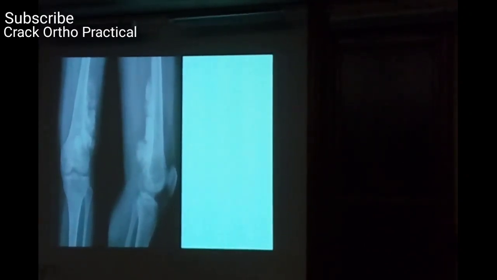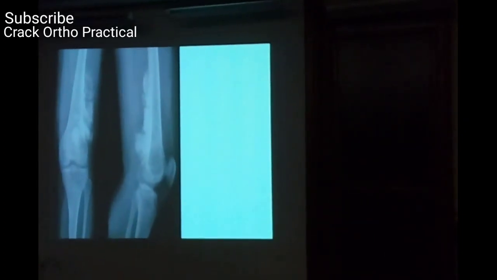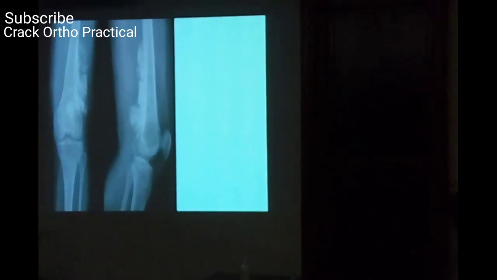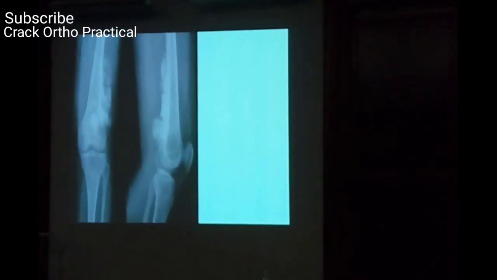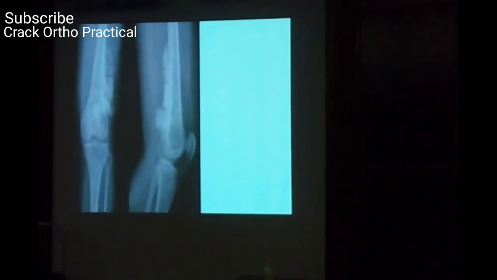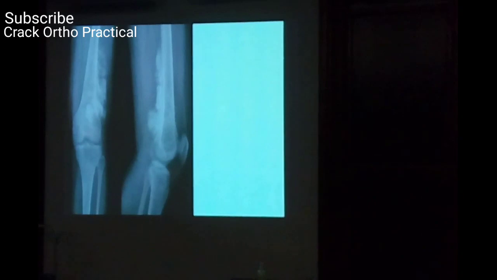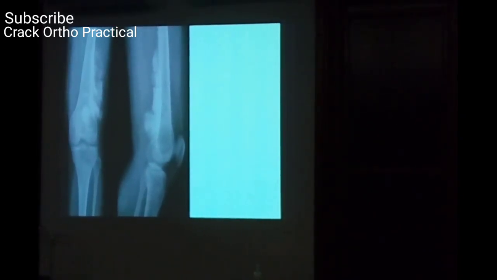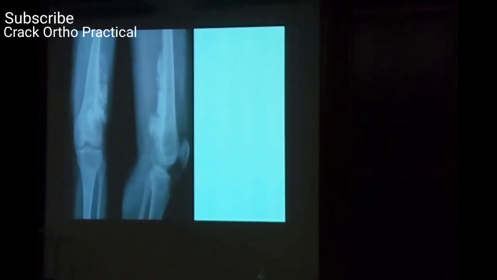Next. Plain X-ray AP and lateral view of knee, showing proximal tibia and distal femur. There is diaphyseal and metaphyseal involvement. In the metaphyseal region there is Codman's triangle. Show us the Codman's triangle.